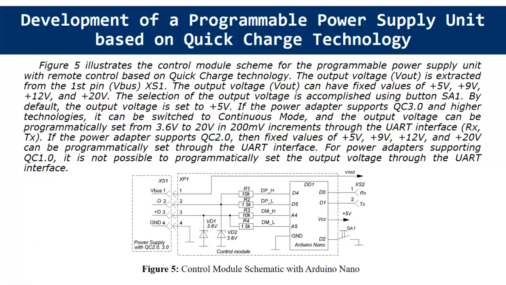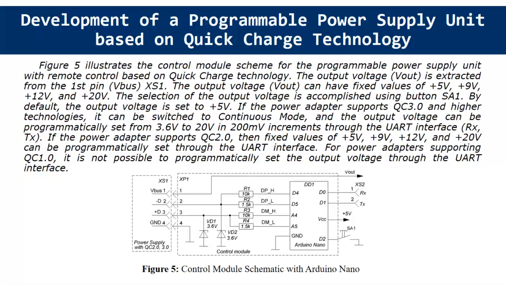Figure 5 illustrates the control module schema for the programmable power supply unit with remote control based on quick charge technology. The output voltage is extracted from the first pin, V-bus X1.